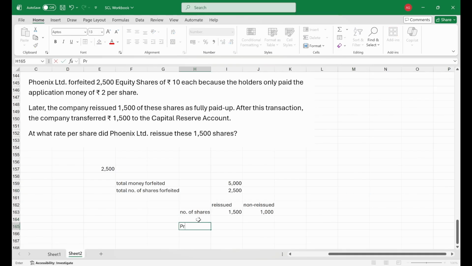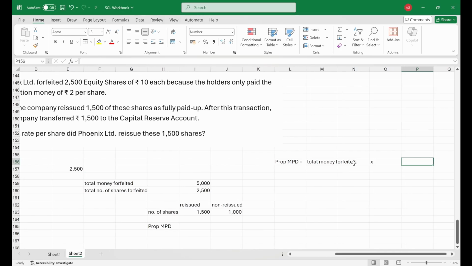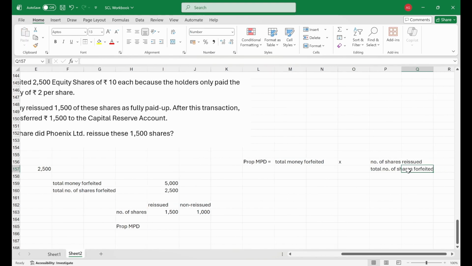What will be the proportionate maximum permissible discount? The formula is: proportionate maximum permissible discount is equal to total money forfeited multiplied by number of shares reissued divided by total number of shares forfeited. Just understand the formula.